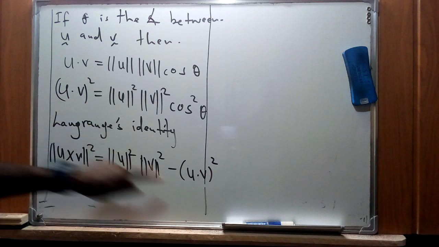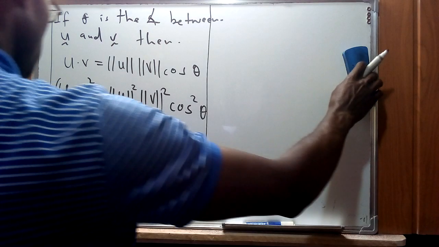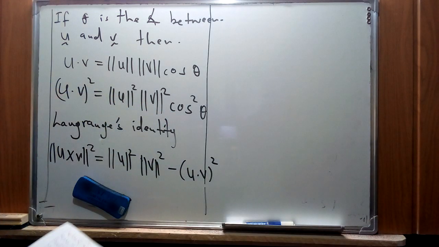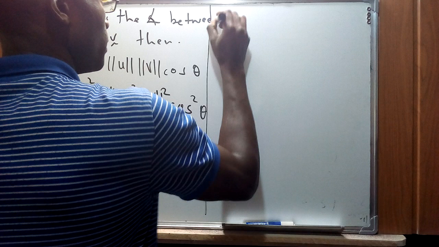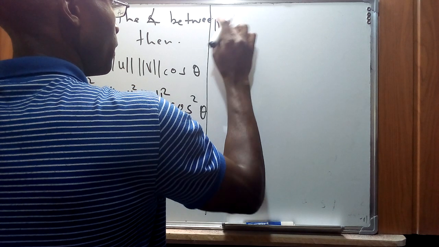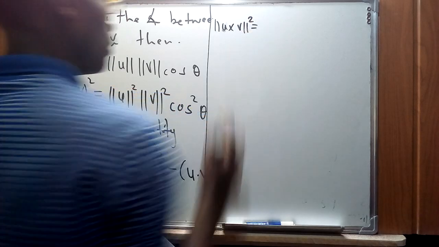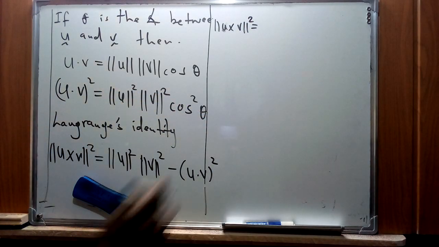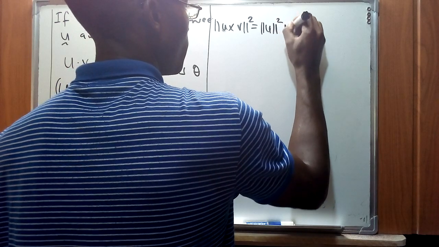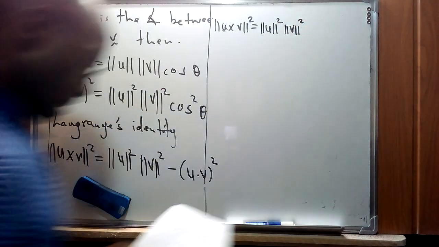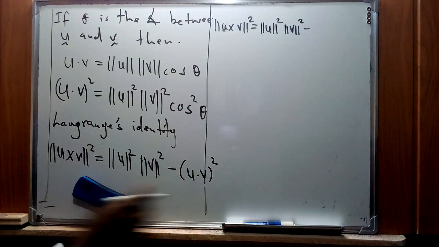So we can just do a substitution for that and find another way in which we can represent the Lagrange's identity, whereby the square of the cross of uv is going to give us the norm of u squared, the norm of v squared, and then minus this.